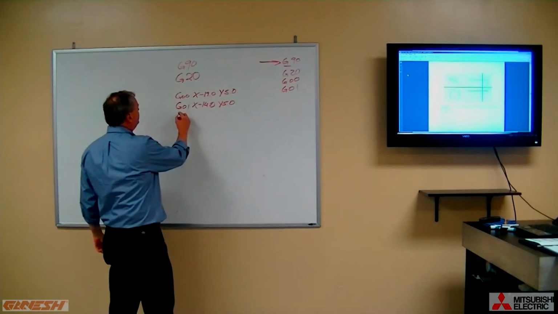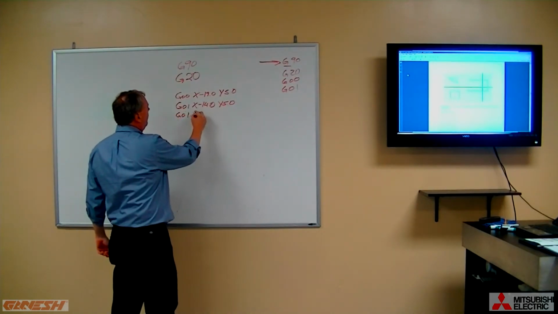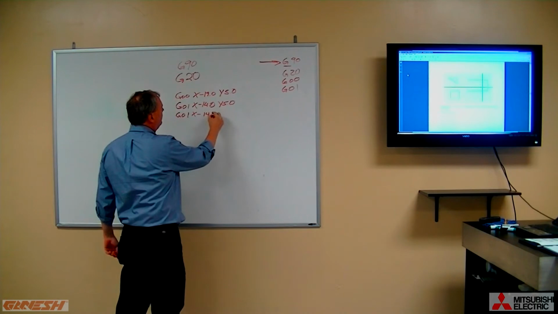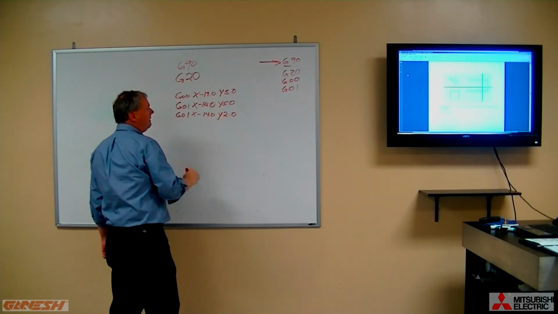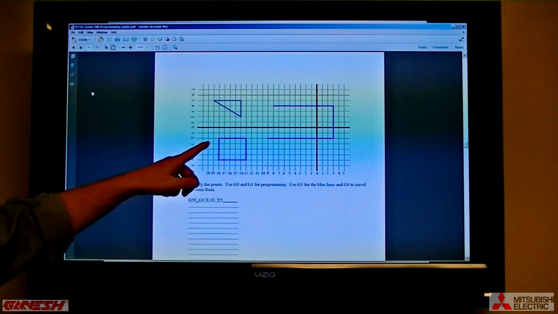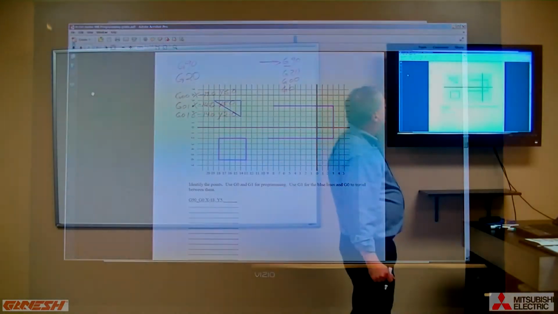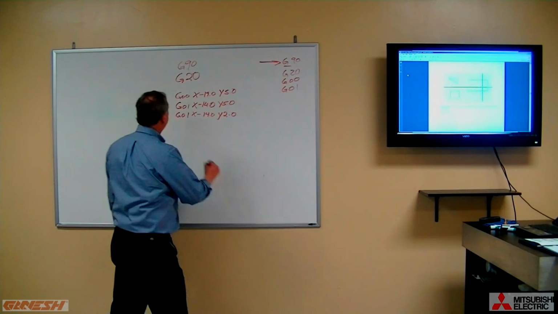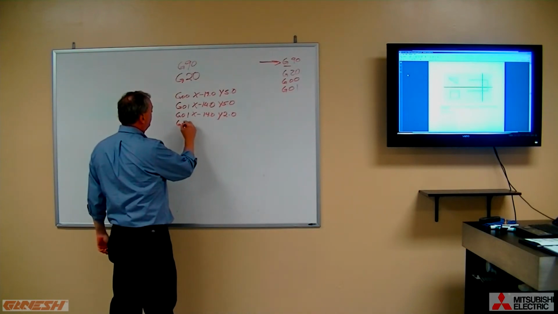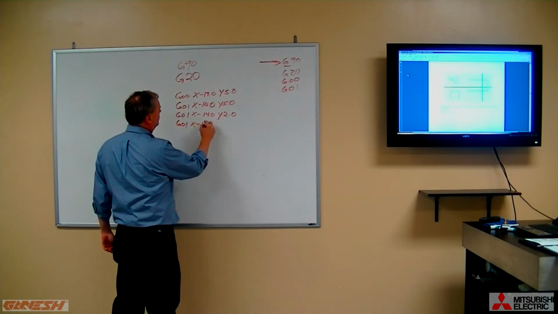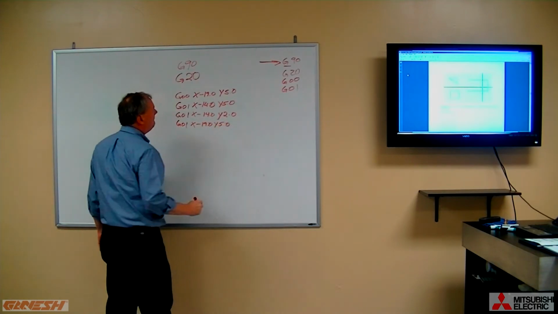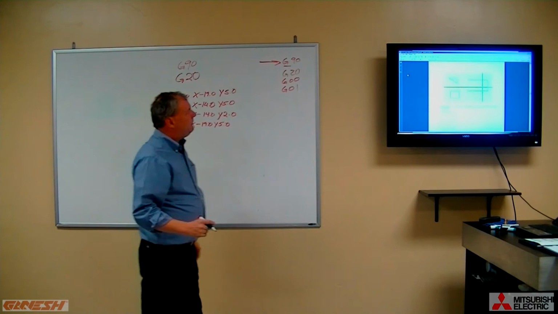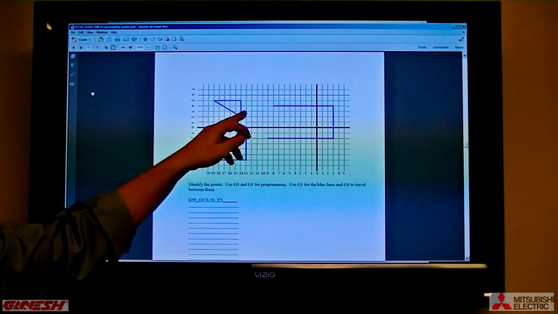So now I'm going to say G01, x minus 14, y 2.0. And now back up to where we started. We're going to say G01, x minus 19, y 5.0. And now we've got that triangle. So we've gone 1, 2, 3.